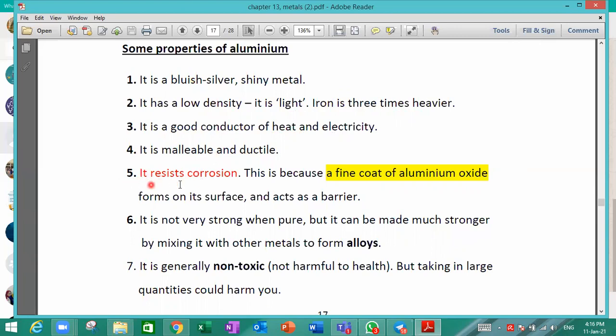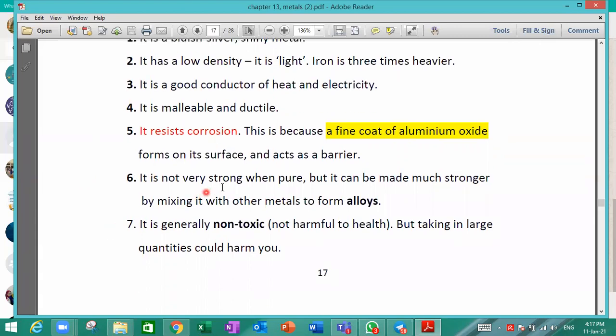But it has a very important property, that it resists corrosion. When aluminium is subjected to oxygen, it will form an oxide layer that will prevent the inside of the aluminium from being oxidized. So only the surface will be oxidized, because the oxide layer will prevent further oxidation of the aluminium metal from inside.